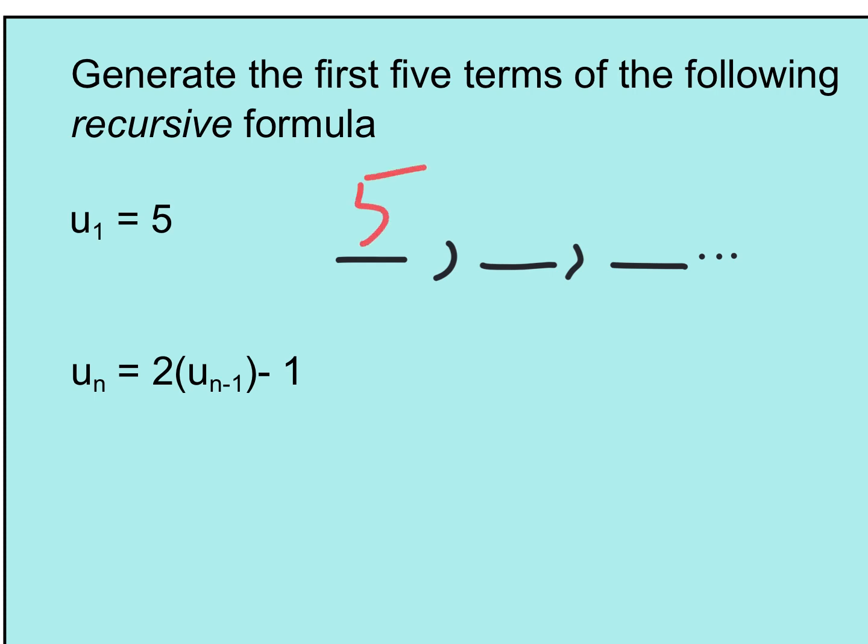It is that easy. The first term is a 5. So, figure out the next one. What's that 2 doing in front? That is called a shifted geometric. It's multiplying it by 2, and then it's subtracting 1.